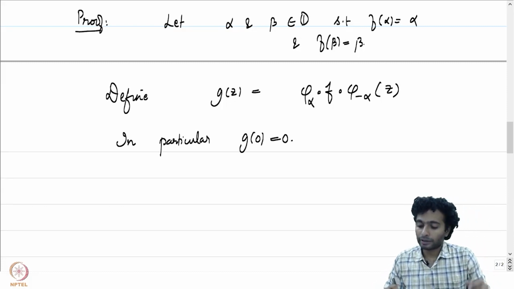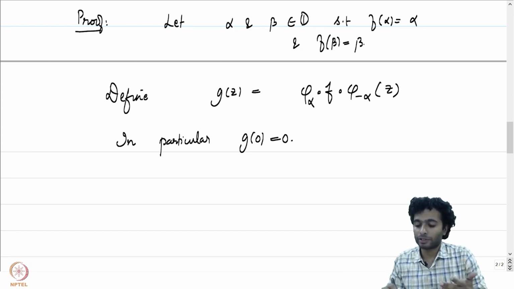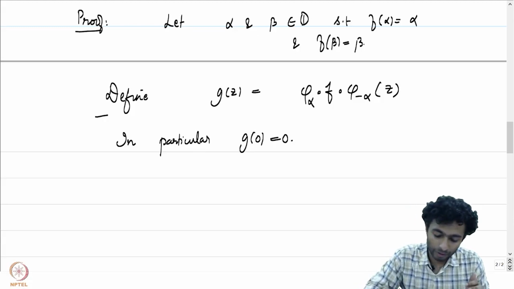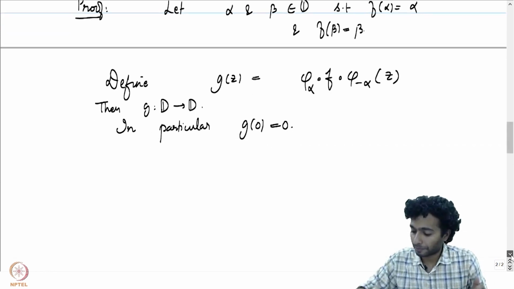Also notice that phi alpha, f and phi minus alpha, all three are maps which map the unit disk to itself, and therefore g is now a map from the unit disk to itself. We also have g of 0 equal to 0.